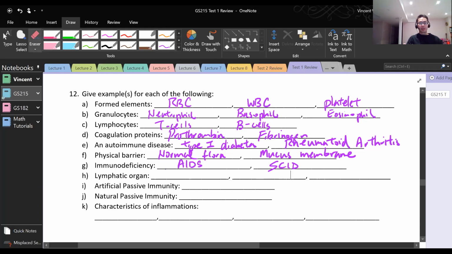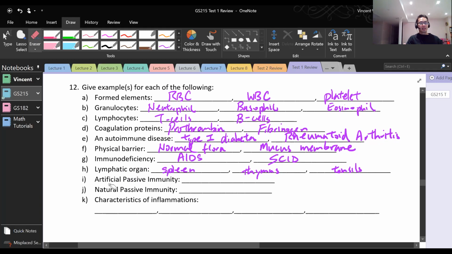Lymphatic organs, there are a bunch that you can have here. Spleen, thymus, tonsils, appendix, what have you. Artificial passive immunity, we talked about serum.